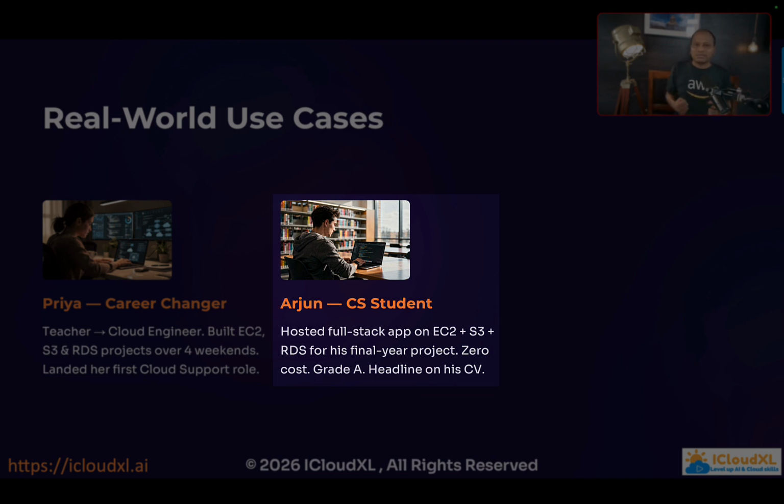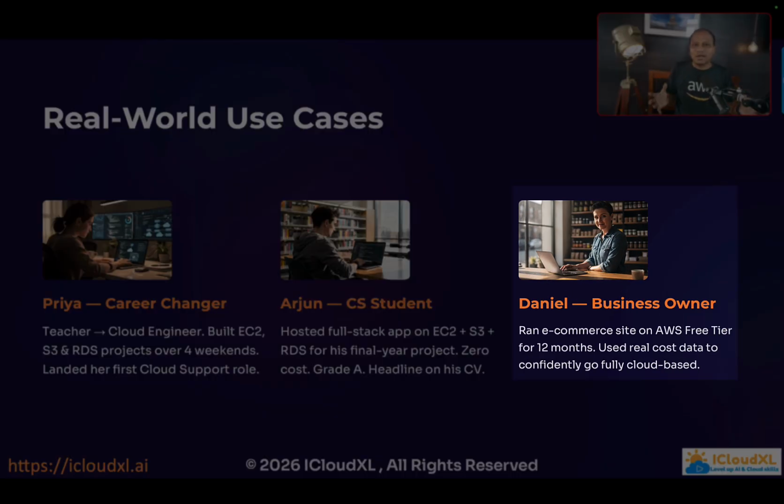Let's say you are a computer science student, you want to showcase your project and you use a free tier account, implement your project and showcase it. You show that you are a master and then destroy those resources, no charges for you. Let's say you are a new business owner and you want to run your web servers on a free tier account, and you can do that.